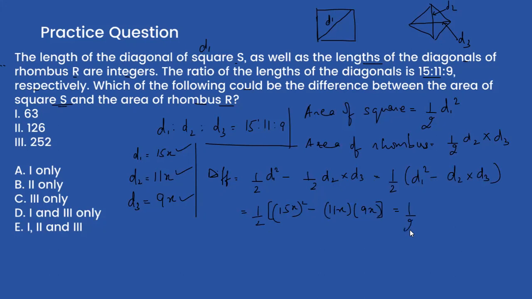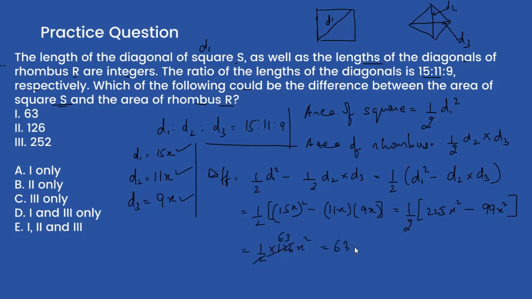So half, opening the brackets now, 15 squared is 225, so it will be 225x squared minus 99x squared. Simplifying further, half into 225x squared minus 99x squared, which is 126x squared, comes out to be 63x squared.